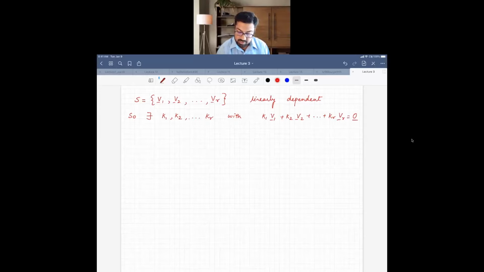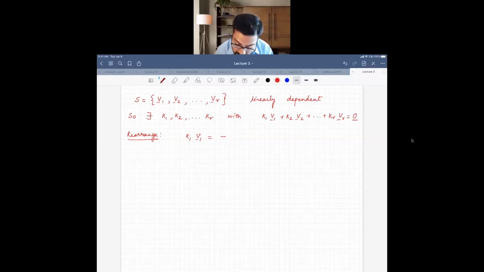So if we call this a linearly dependent set of vectors, we know that there are some scalars that exist which satisfy the vector equation. Now let's try to rearrange. So if you rearrange, what do you get? You get k1 v1 can be written as negative k2 v2 negative, and so on up to negative kr vr.